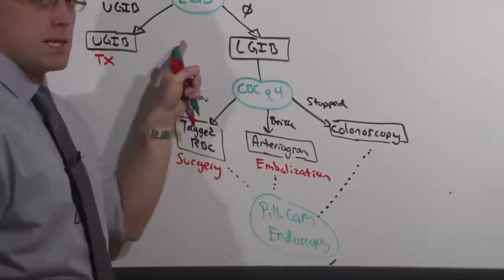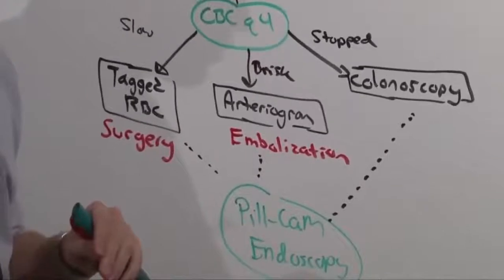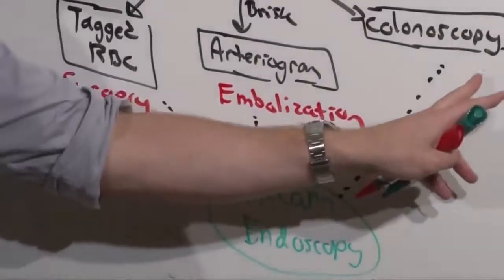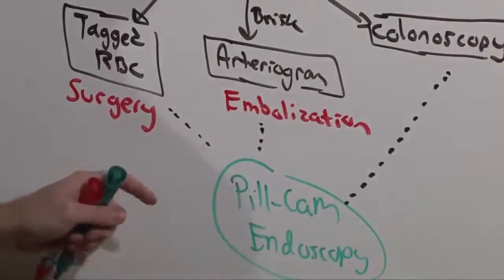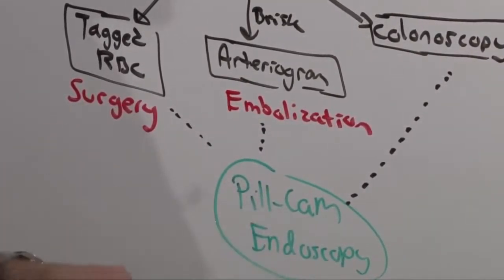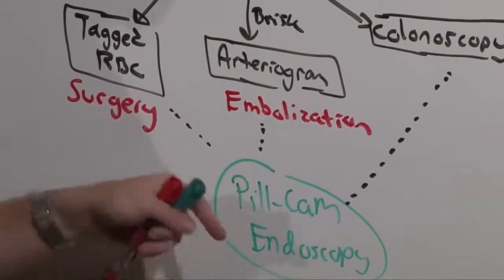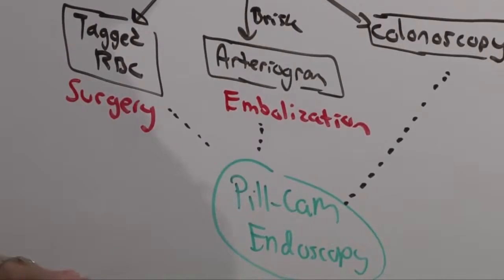The EGD gets about to the duodenum. Even if you do a push endoscopy, you only get a little bit further. The colonoscopy can't get past the cecum. There's a whole lot of GI tract in there, and the pill-cam is swallowed. It takes pictures every second or so, and then when they poop it out, they have a full log of film of the entire length of the GI tract.